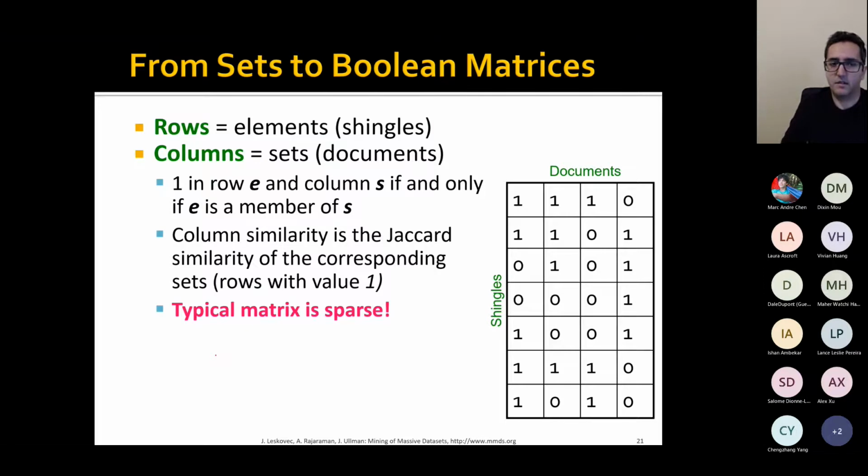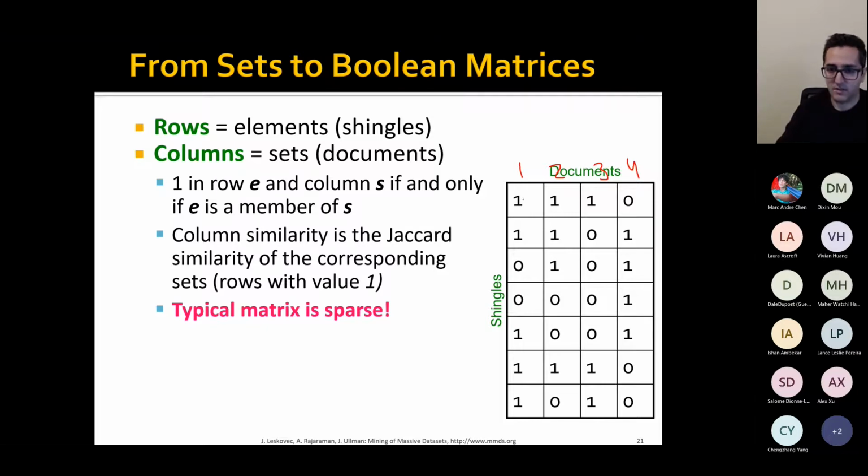Now, every document is represented by a binary vector, right? So I can put these vectors side by side and they construct a matrix, right? So here is my document 1, document 2, document 3, and document 4. So I'm writing the vectors vertically.